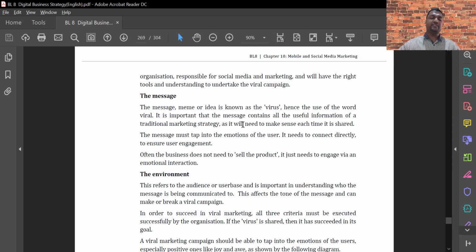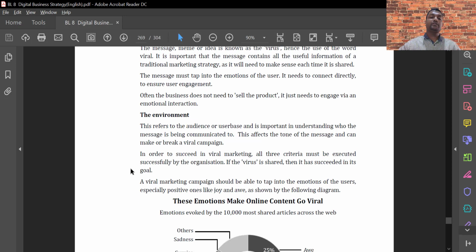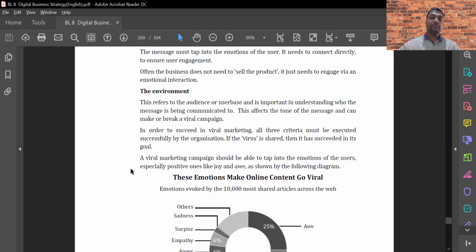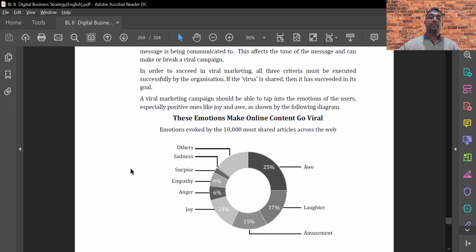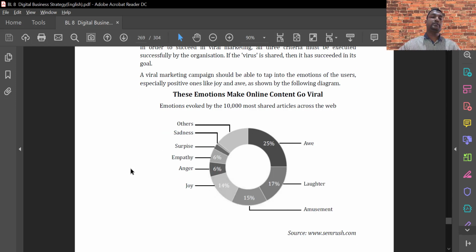So the message itself, the content itself, has to be really interesting, or maybe people should be curious to know about that. And then the environment means where or to whom you are going to release this. So at the moment, based on the current statistics, these are the types of content where people have concentrated on.